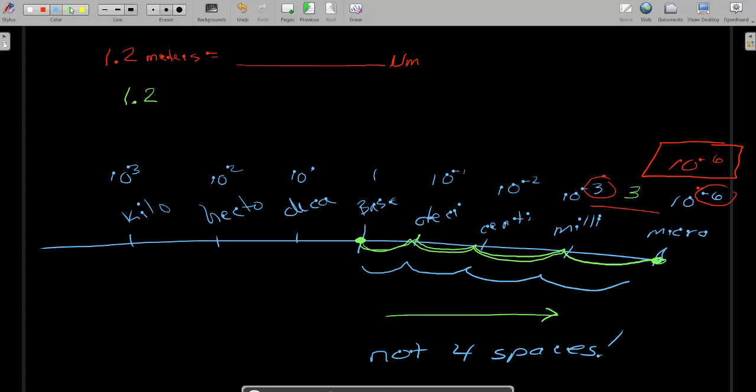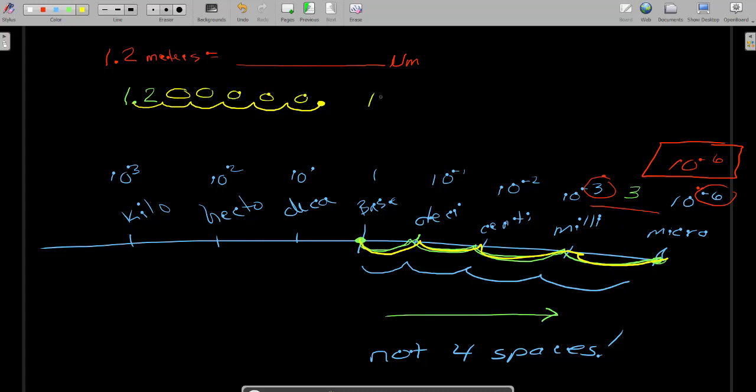It's 6 spaces. Okay? So we're going to go 1, 2, 3, 4, 5, 6. Decimal. Fill it in with zeros.